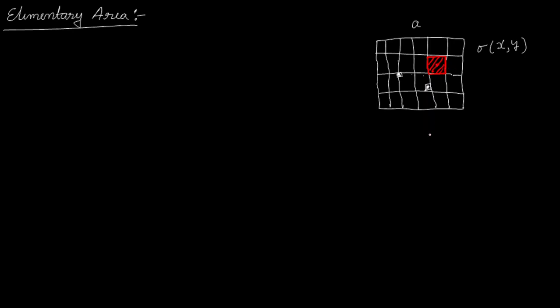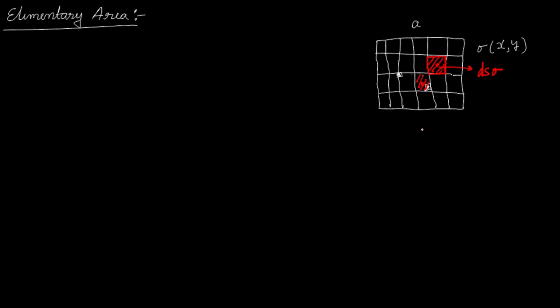So for that, we'll write the area of this part. Let's say this is a ds area, and then we'll write the value of sigma here. In the same way we'll consider another elementary part here. We'll write the value of sigma here, and then we'll multiply by this area, and then we'll add all these parts together, and that will give us the total charge.